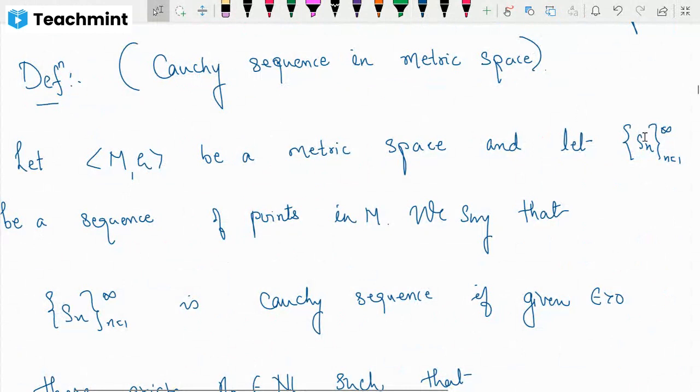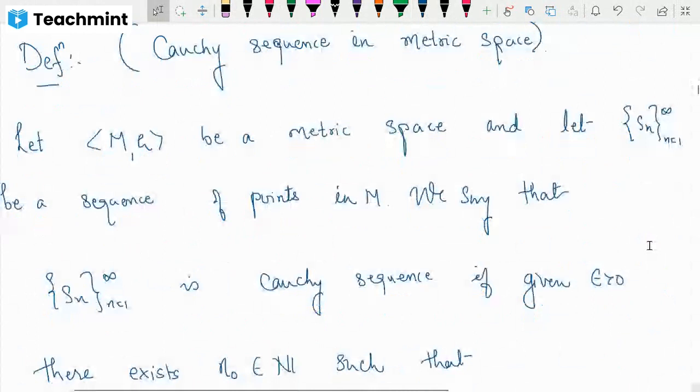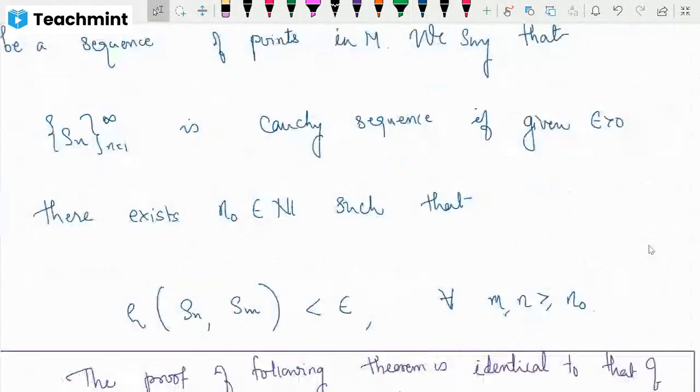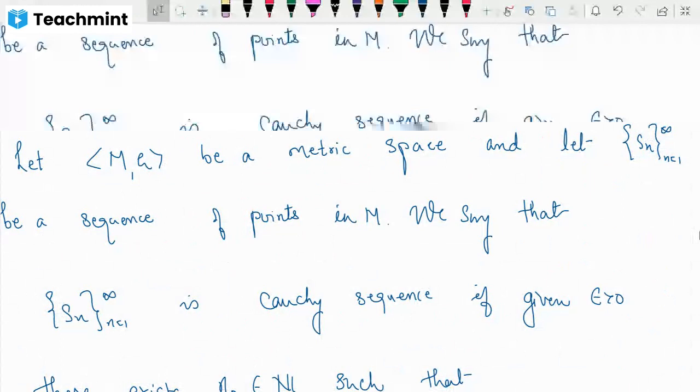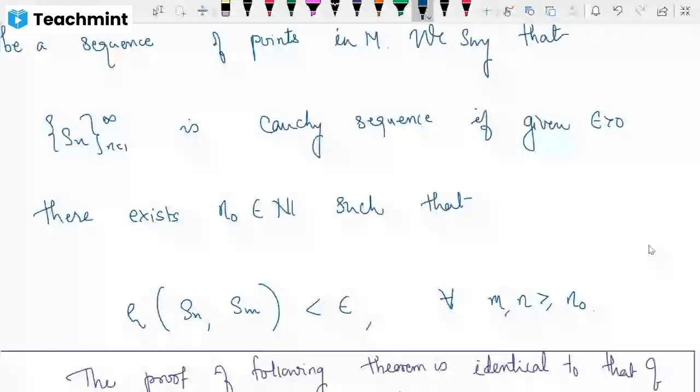So let (M, rho) be a metric space, and let Sn be any sequence of points in M. We say that Sn is a Cauchy sequence if for given epsilon greater than 0, there exists n0 belonging to N such that rho of Sn and Sm, the n-th term and the m-th term of the sequence, is less than epsilon whenever n and m are greater than or equal to n0.